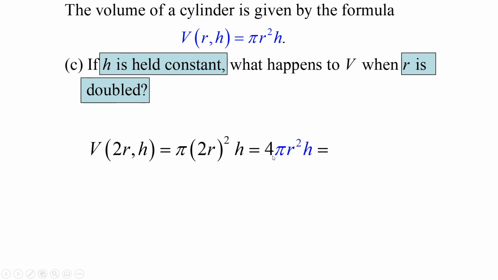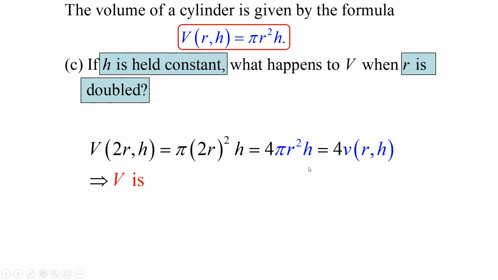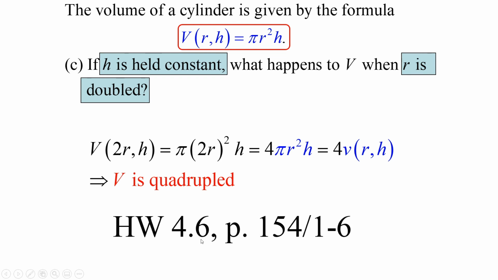And that's 4 times my original formula, 4 times V of r comma h. So what did we do to our volume? We multiplied it by 4, or we quadrupled it. V is quadrupled.